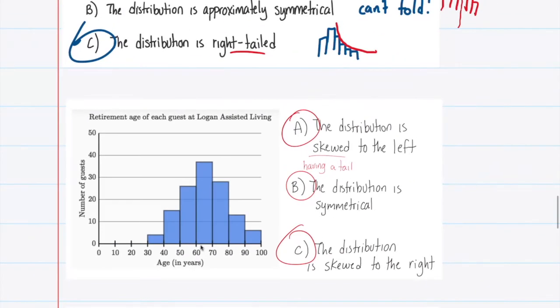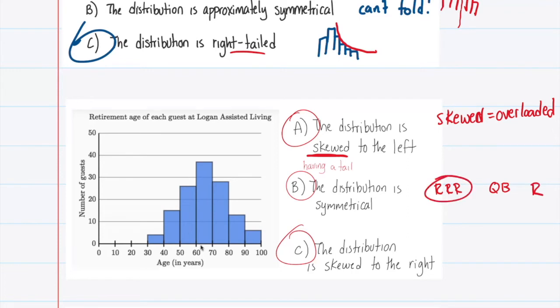Let's look at this histogram. They're asking you, is the distribution skewed to the left? Another vocabulary word, skewed. So what does it mean, skewed? Skewed means like it's overloaded. Imagine like in football, when you have the quarterback and you have a bunch of receivers on the left and only one receiver on the right.